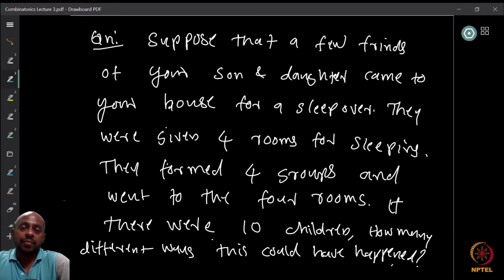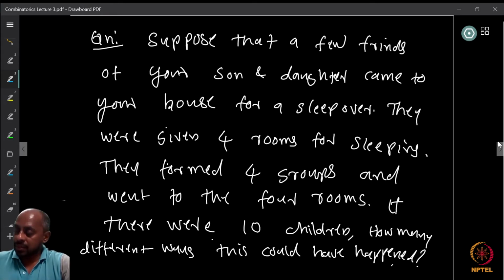But maybe if you don't consider the rooms, I gave you 4 rooms, it doesn't matter. What matters is the way the children are grouped together. I want to just see who are all going together to sleep. But if I also want to know who are all going to which room, then that is a different question. So there are 2 different questions one can bring from this.